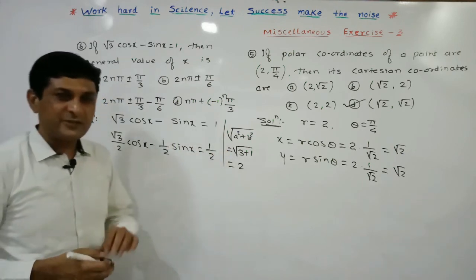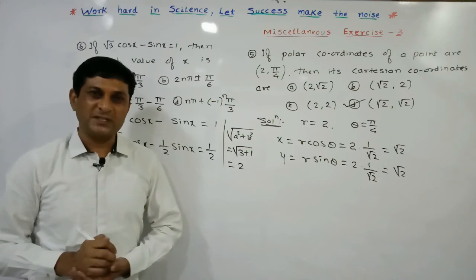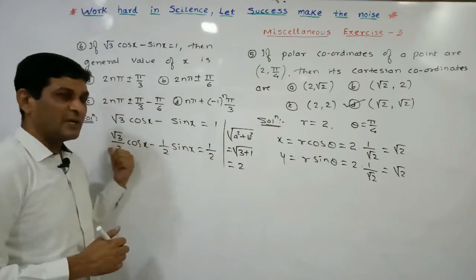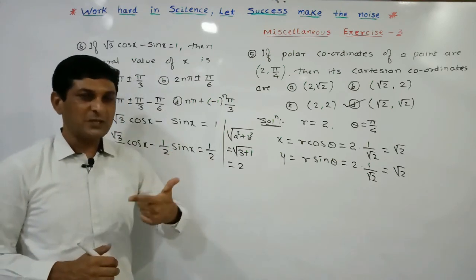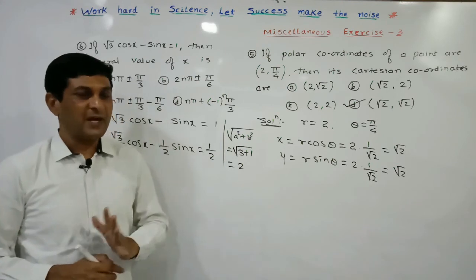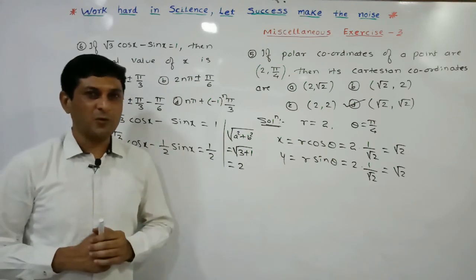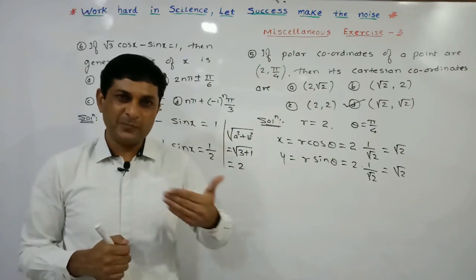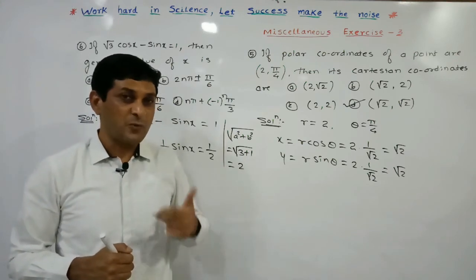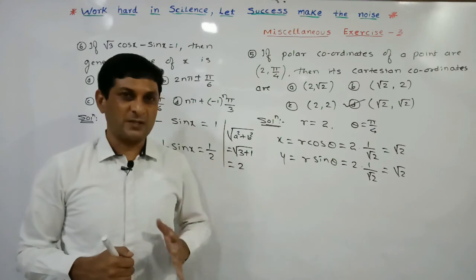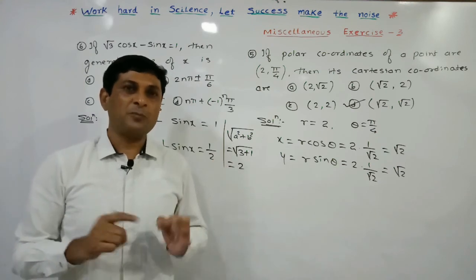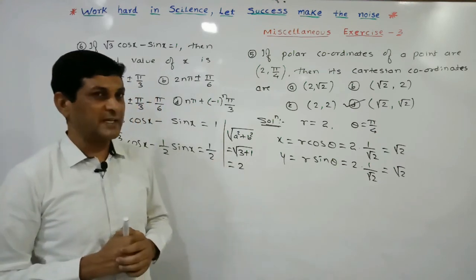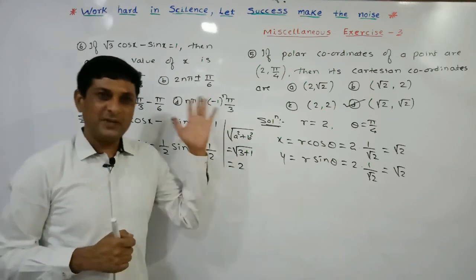Now in this case, there are two ways to solve this example. Either we convert this equation in terms of sin theta equal to sin alpha, or cos theta equal to cos alpha. As far as our board syllabus is concerned, we give priority to converting it in terms of cos theta equal to cos alpha. But in the case of an objective type question, we have to solve the example by observing the given options.